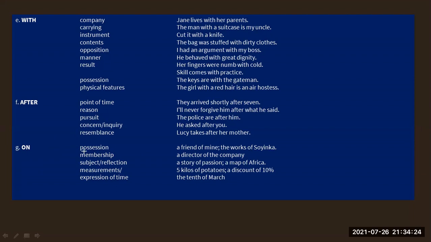Then coming back to on, we look at other uses of on to indicate possession. We talked about place and time, the uses of on for indicating place and time, and we saw specific examples, specific situations where on is used. But let's look at other uses to indicate possession. For example, a friend of mine.